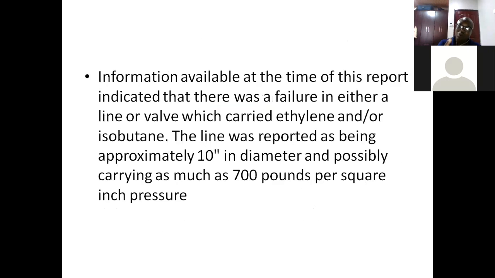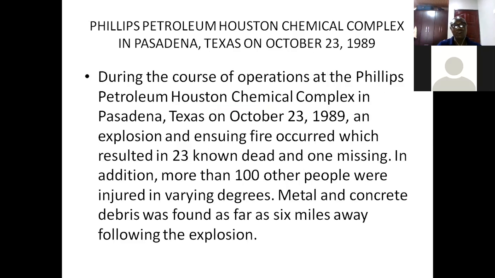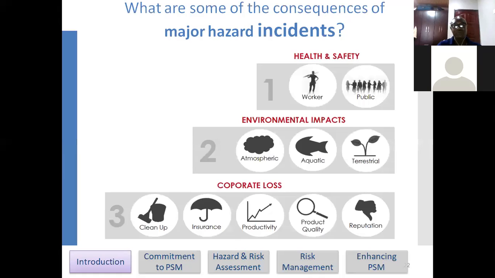Because the pressure is too much for that pipe, that's what causes the explosion and leads to the killing of 23 people. So all these accidents and incidents are major things that occur. What can it do? It can affect health and safety, it can cause environmental impact, and it can also cause corporate loss.